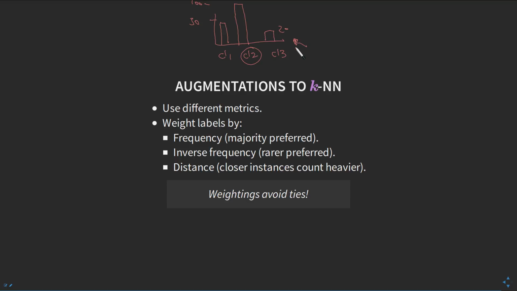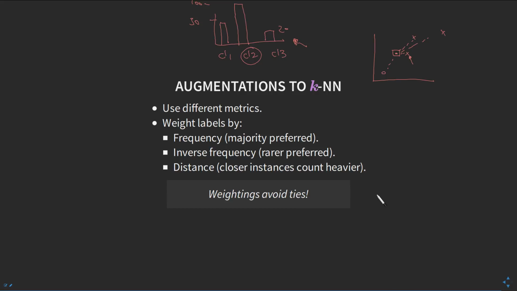But we can also weight this decision by distance, so if we, for example, have very far neighbors, so say we have case 4, then this guy will probably be a lot more like our test instance because it's closer, so we can do something with these distances to weight our labels.